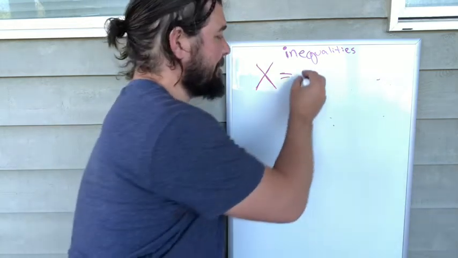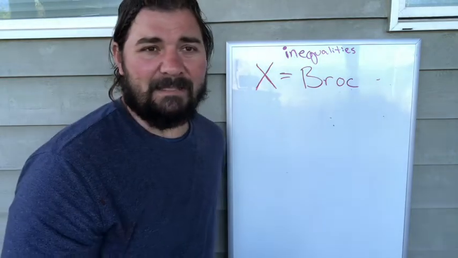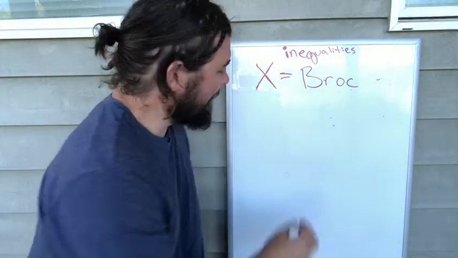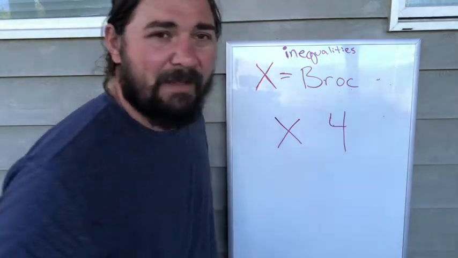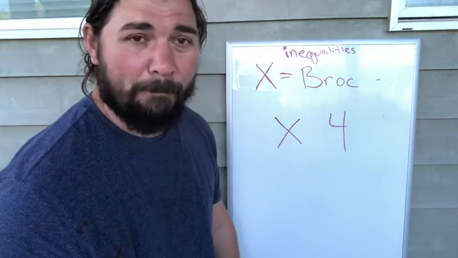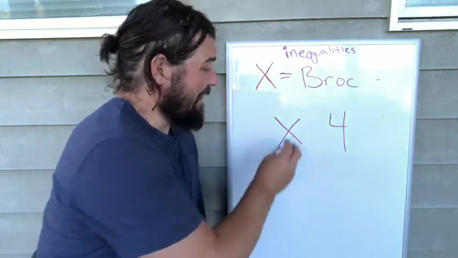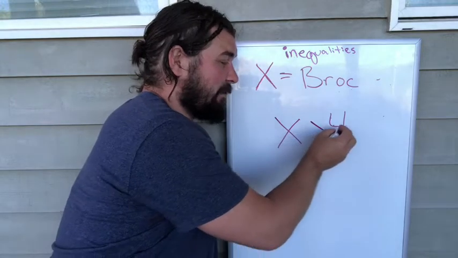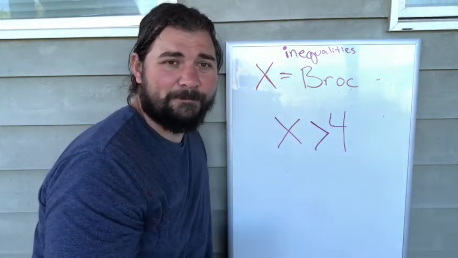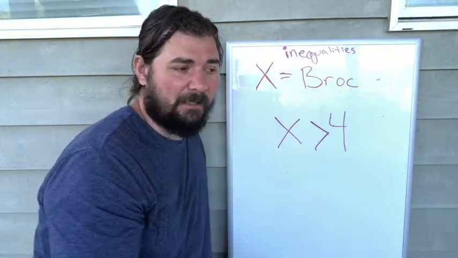So here, X is going to be our broccoli. All right? So X equals how much broccoli we're talking about. And I've got X, and I've got this number 4. Now she has to eat 4 pieces of broccoli or more. This time, my symbol should go the other direction. X has to be greater than 4. So she has to eat like 5 or 6 pieces of broccoli.